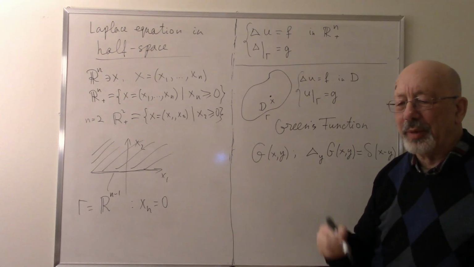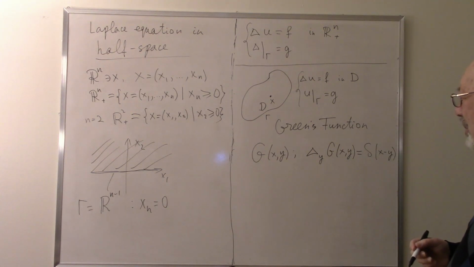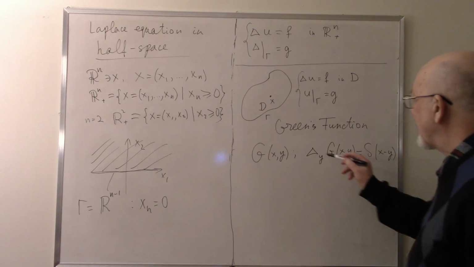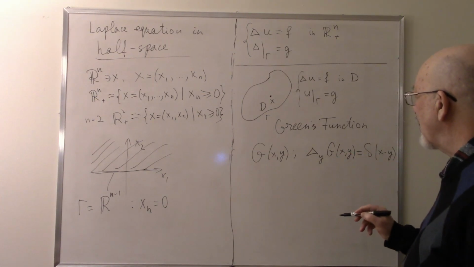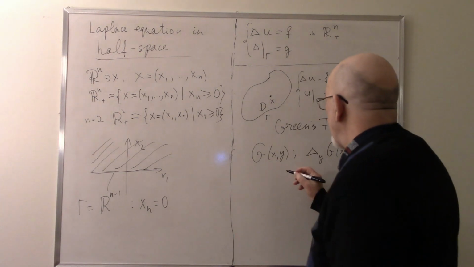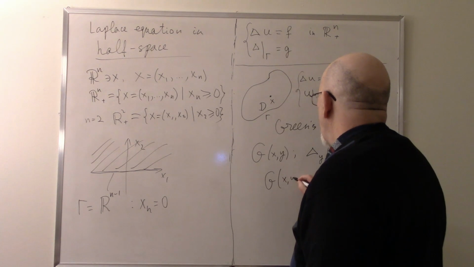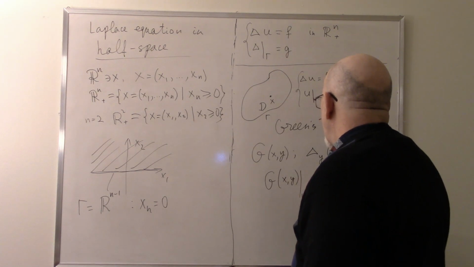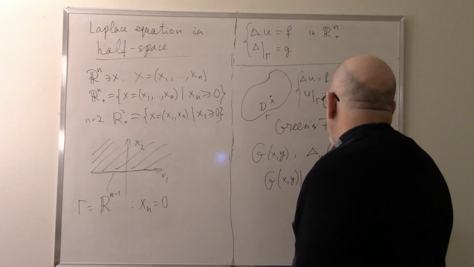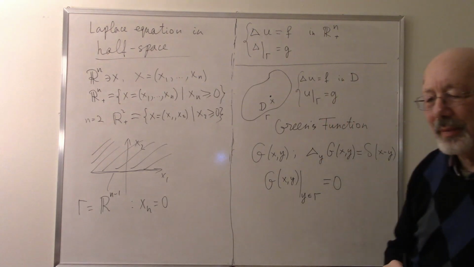Yes, I have explained it more than once, so let me think that you understand it. And it is one condition, and the other condition is g of x, y, when y is on the boundary, equals 0.